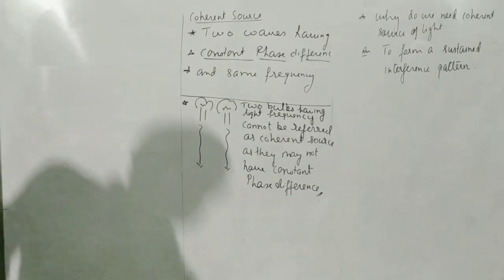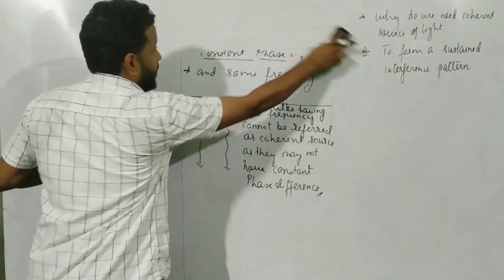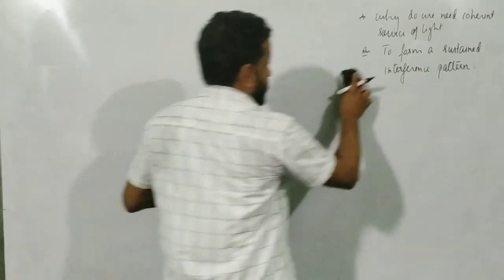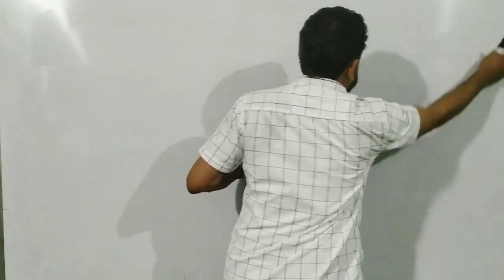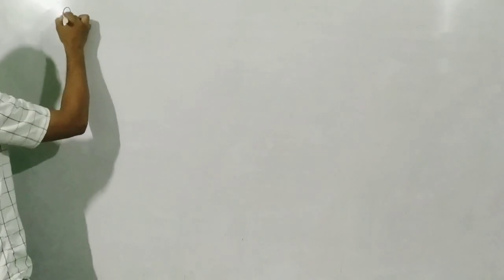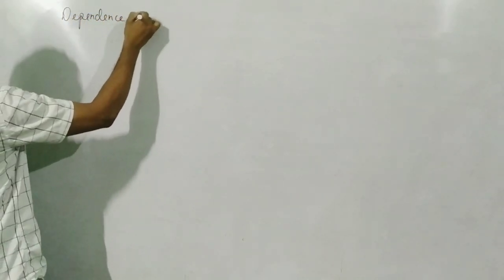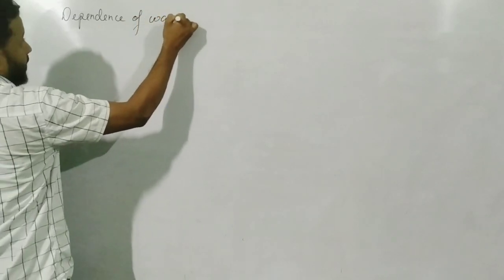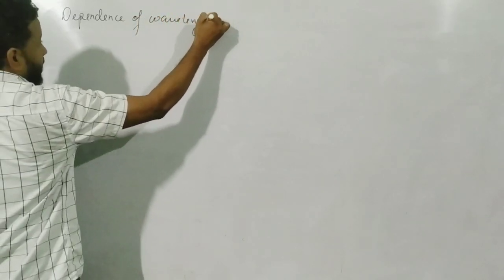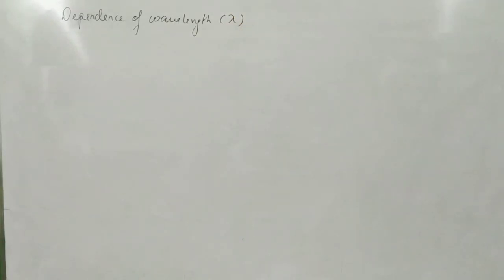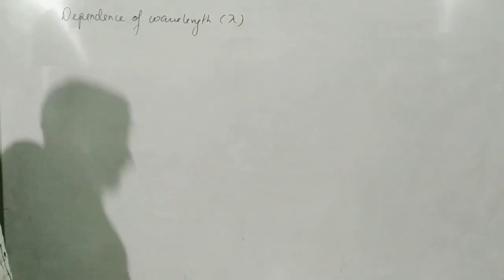Second thing which we are going to learn now is the dependence of wavelength. Now, if you see all these formulas which we have derived, it depends on the wavelength, correct?